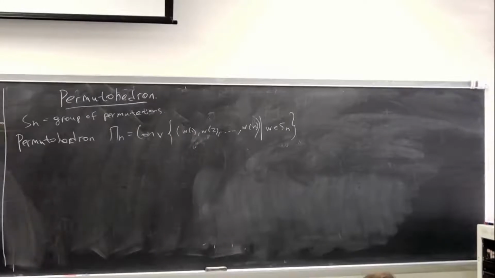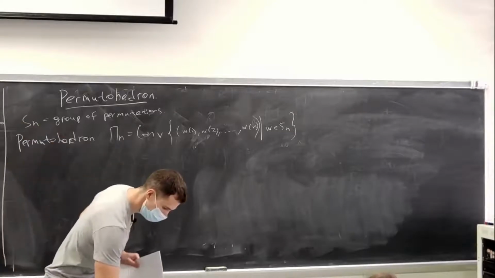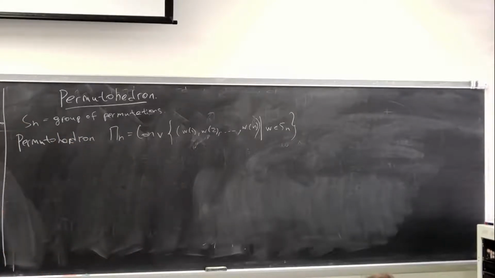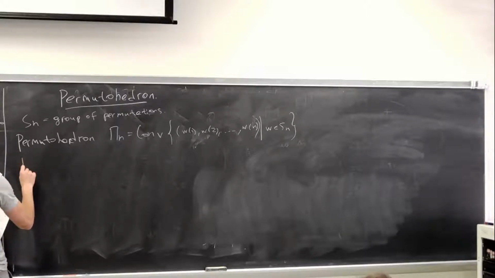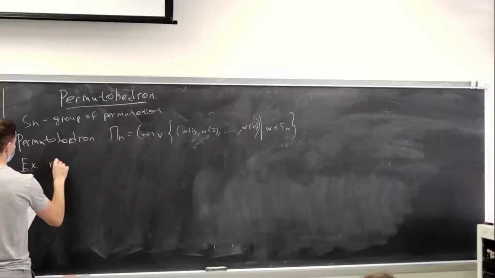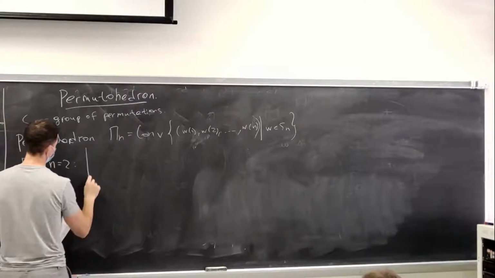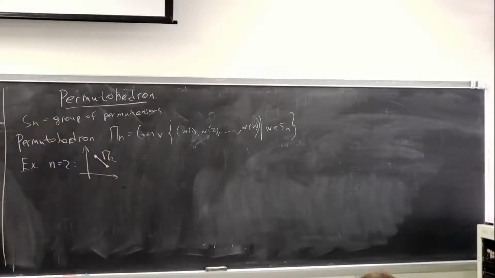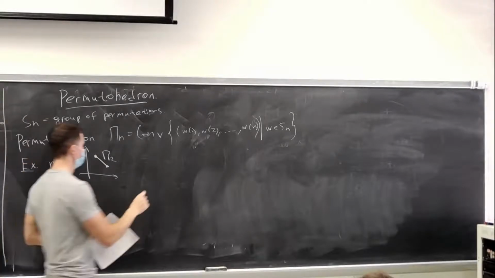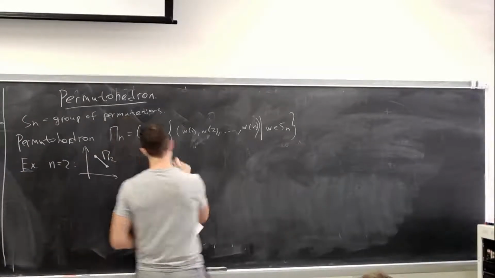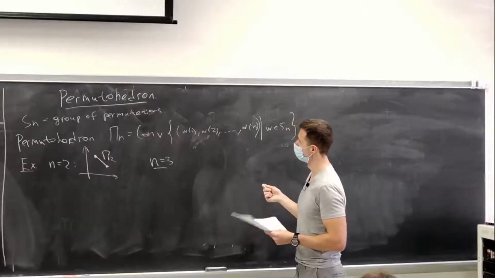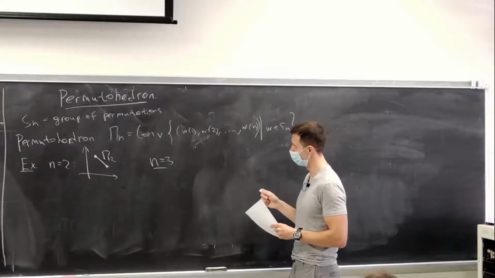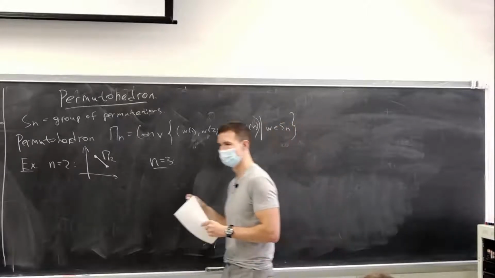And we gave some examples of the Permutohedron last time. Examples of Permutohedra: for n equals 2, the Permutohedron looks like a line segment. And for n equals 3, let's actually try to rigorously understand what the answer can be.